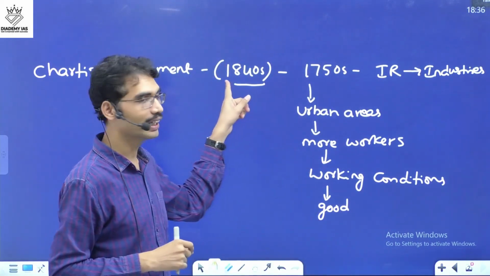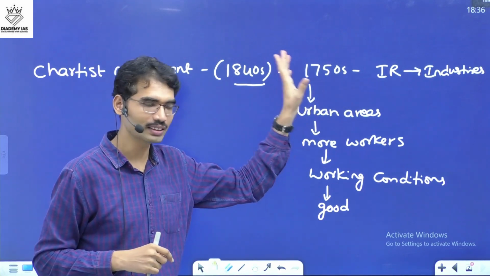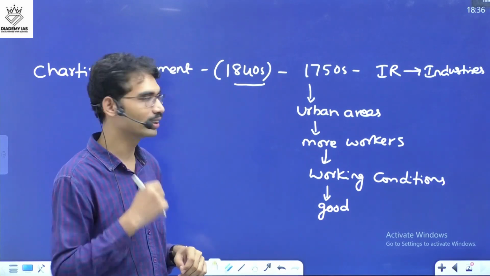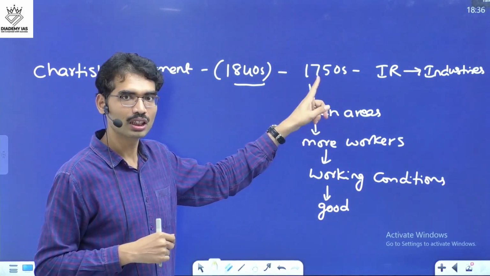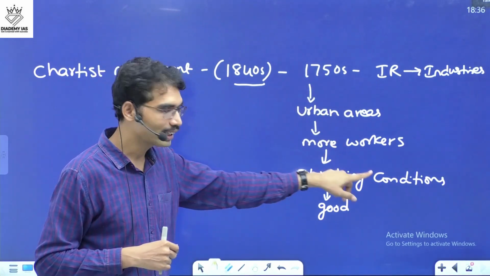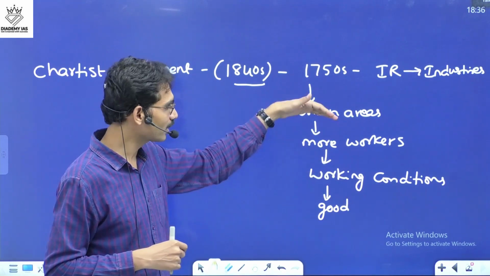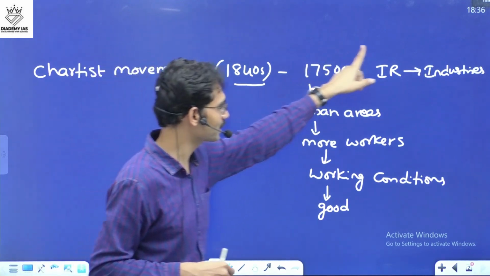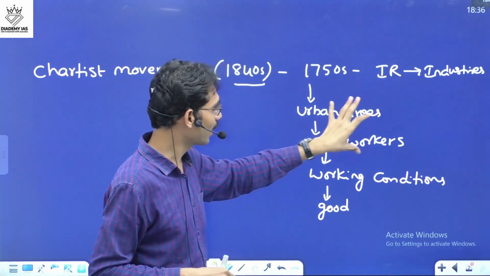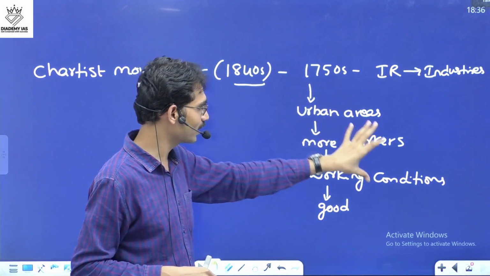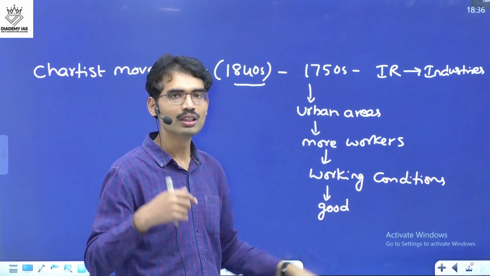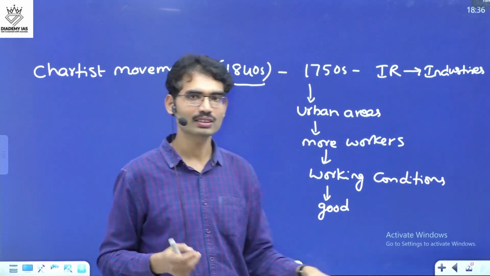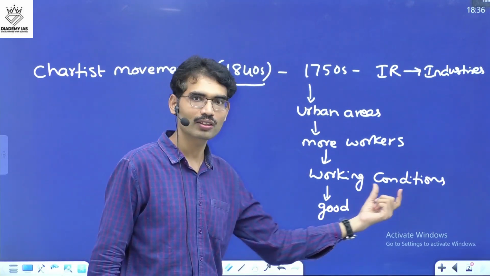In 1848 and the 1850s, the Communist Manifesto was released by Karl Marx. Now you observe this: the socialism concept, the communism concept, and working-condition-related aspects gained more and more dominance during the 1840s. These are the circumstances: Industrial Revolution, urban areas, more industries, more workers, but poor working conditions. Women, children, more working hours. So the conditions of people were very poor.